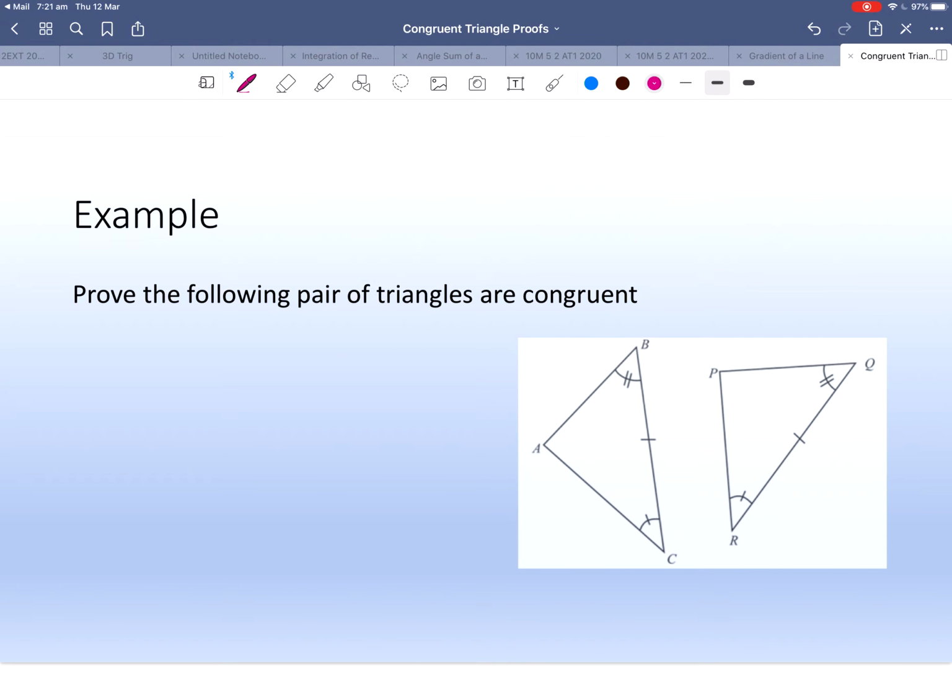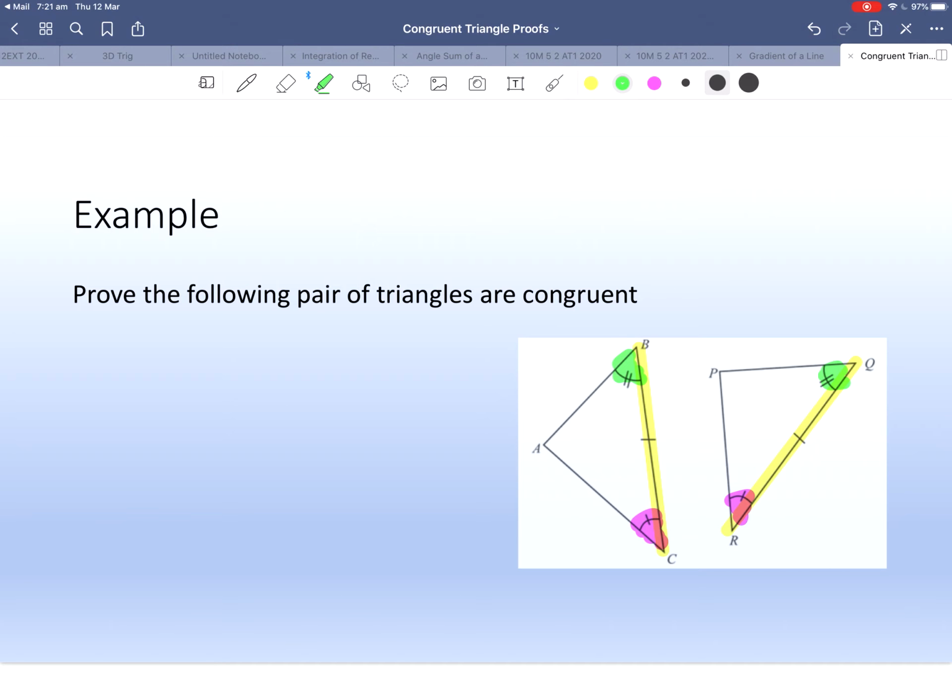All right, I'm going to give you one more example, and then I'm going to be done with the video. Now this one, we can see that not all the sides are exactly the same. We've only got this side that's the same as that side, but we have some other information. It looks like this angle is the same as that angle, and this angle is the same as that angle.